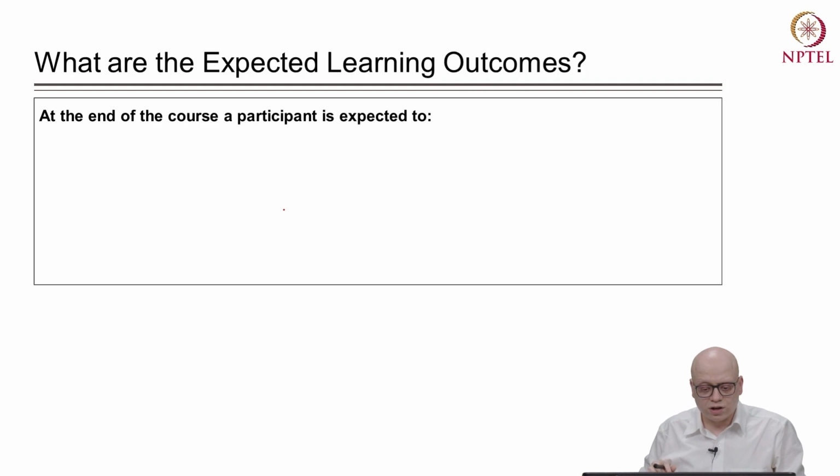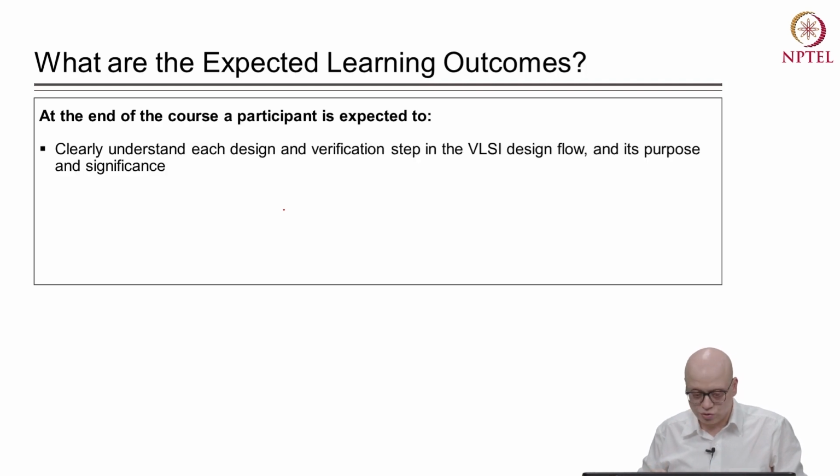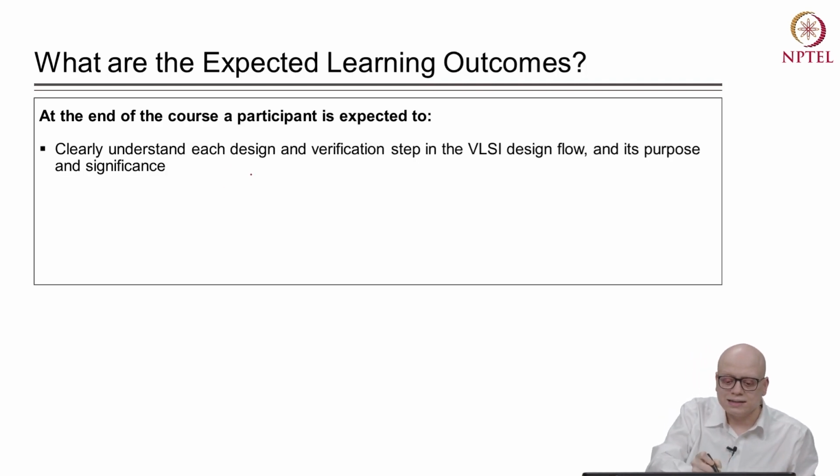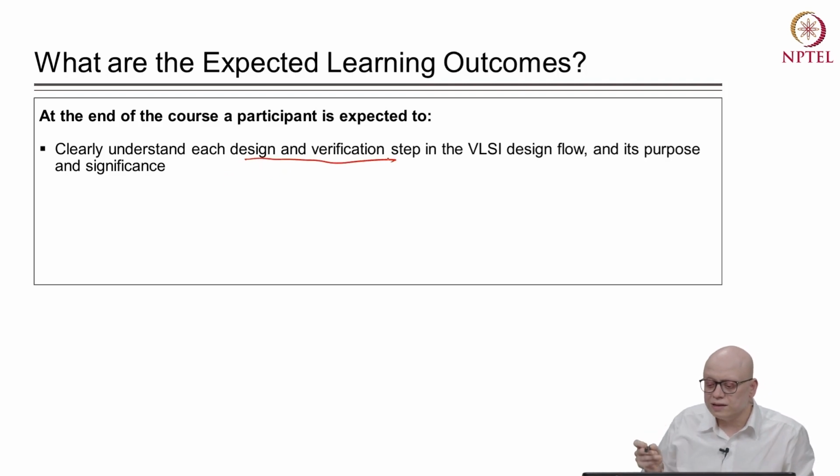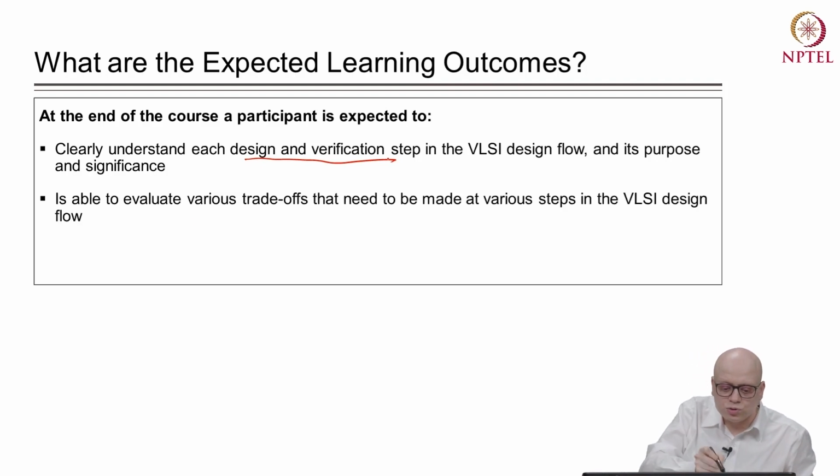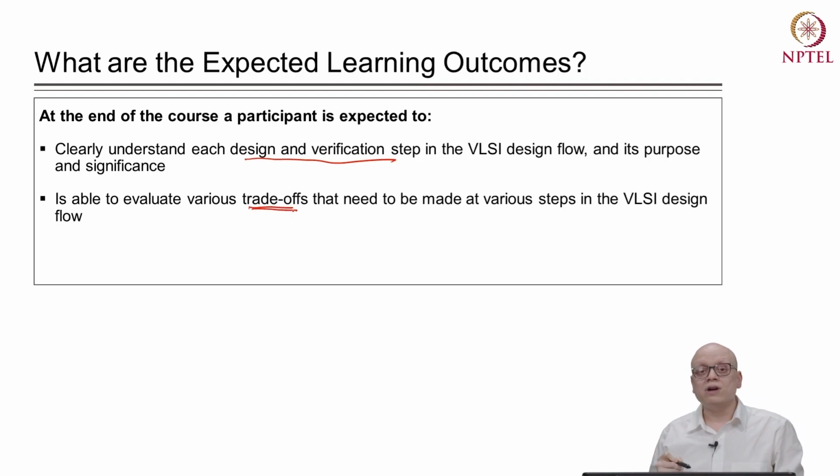So at the end of the course, a participant is expected to clearly understand each design and verification step in the VLSI design flow and its purpose and significance, and to be able to evaluate various trade-offs. By trade-off, we mean that when we make some improvement in some parameters of a design, some other parameter may be affected also, it may become worse.